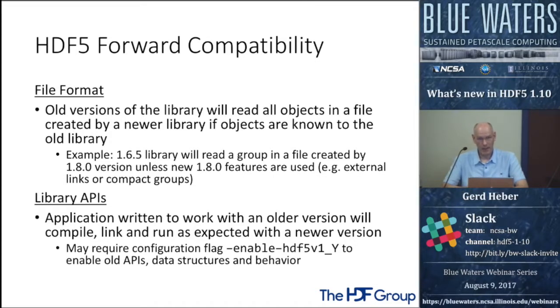If you compile it against the 1.10 library, you would specify as part of your compilation flags this enable HDF5 v1_8, so the y would be 8, or 1.6 if you build your application against 1.6. Since we maintain all the older APIs unless they are deprecated in newer versions of the library, that process should be pretty painless and straightforward for you.